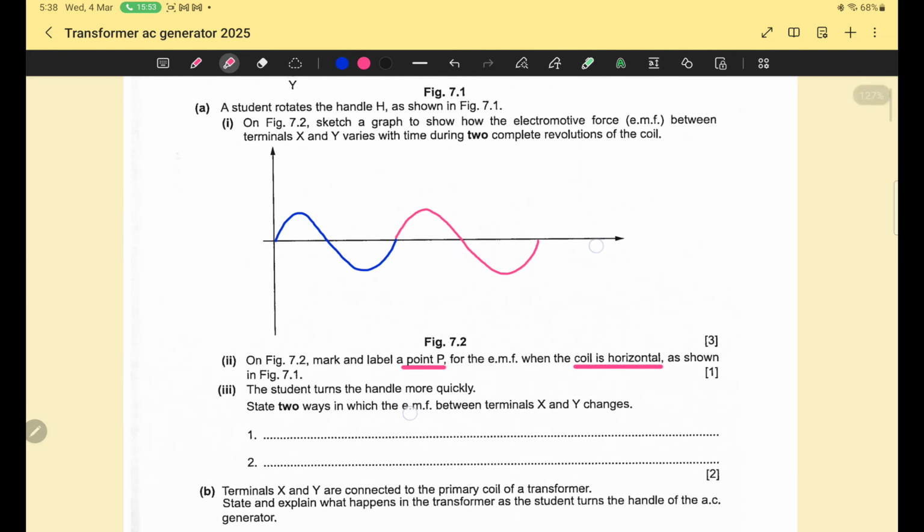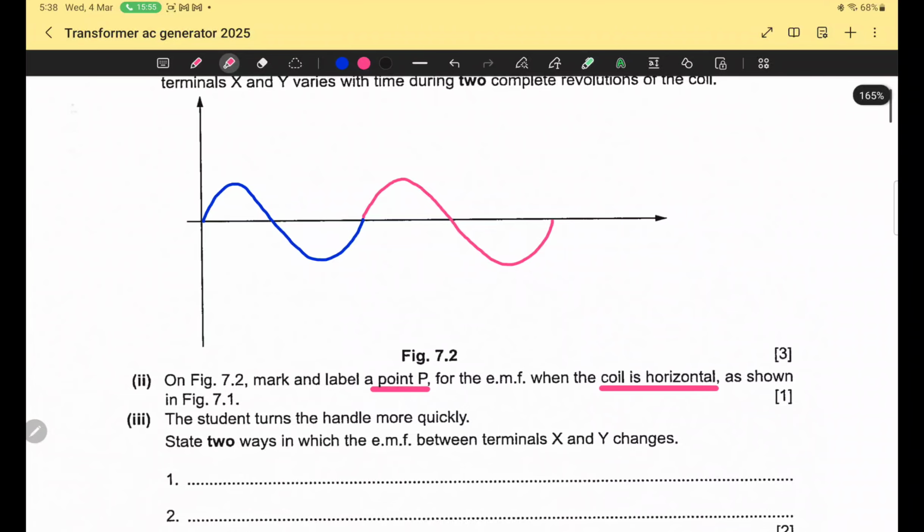Atif, can you tell me when the coil is horizontal, then EMF is maximum or minimum? Maximum.